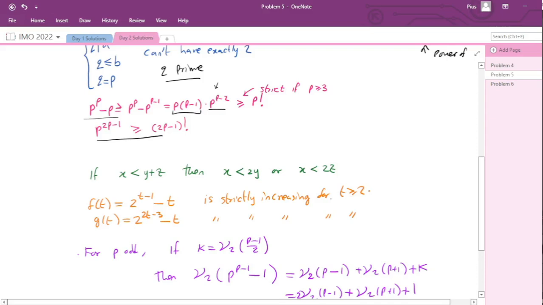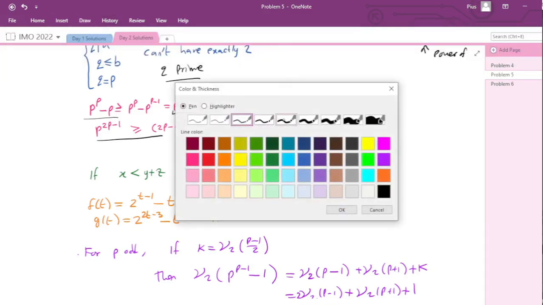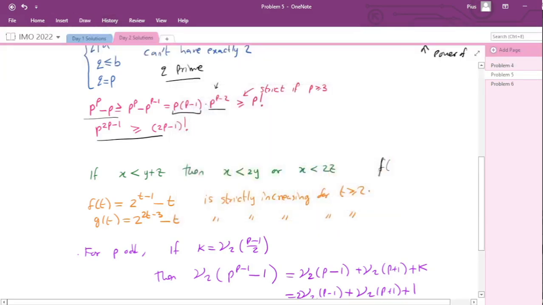So one simple way you can do this is just to apply calculus by differentiating and then seeing that the derivative will be positive. But since we are dealing with integers, we can also use induction. So we'll just compare one value with the next value of the function. If you look at f of t plus 1, for instance, that's just going to be 2 raised to power t minus 1.